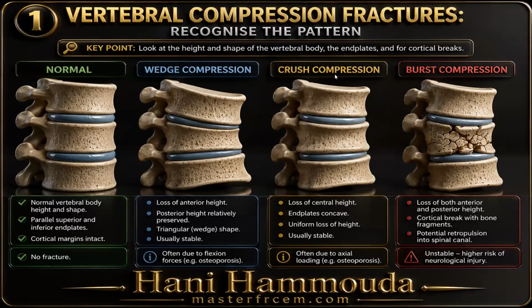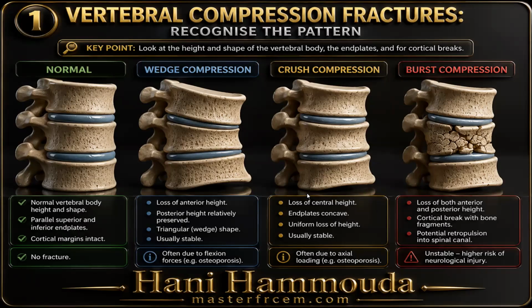Crush compression means the center is short, easy. And burst compression, so here fracture and shortening in the center of the vertebra. So loss of both anterior and posterior height, cortical break with bone fragments.